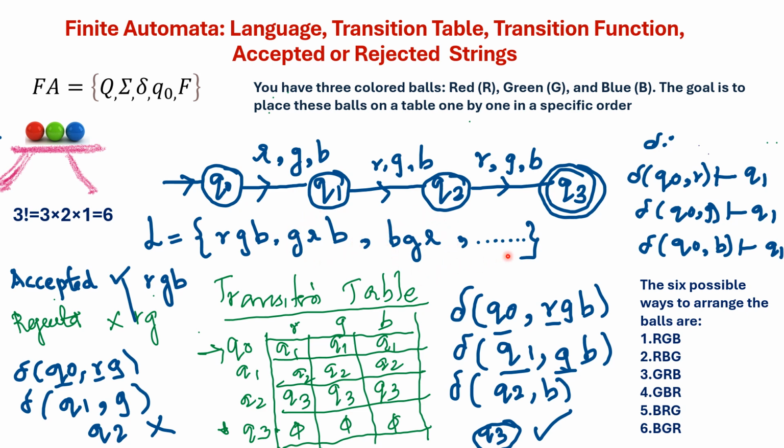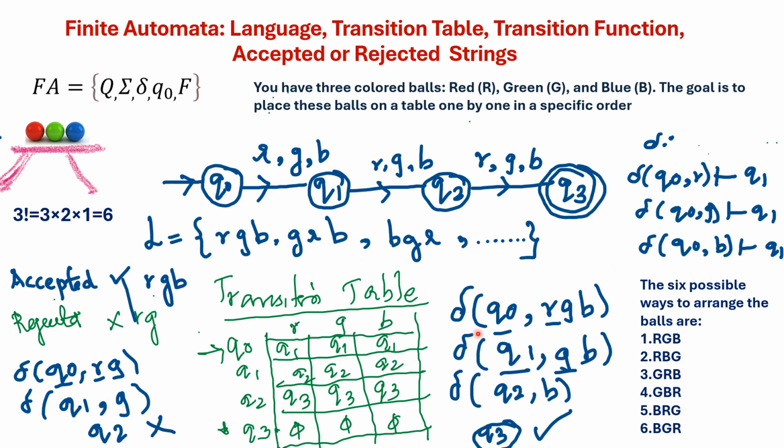Not green, green, red, not blue, blue, red. So this is not the given question. Suppose they ask you how to arrange blue, blue, green or red, red, green. Again you have to redraw the transition, redraw the finite automata. Now we can ensure whether the string is accepted or not.